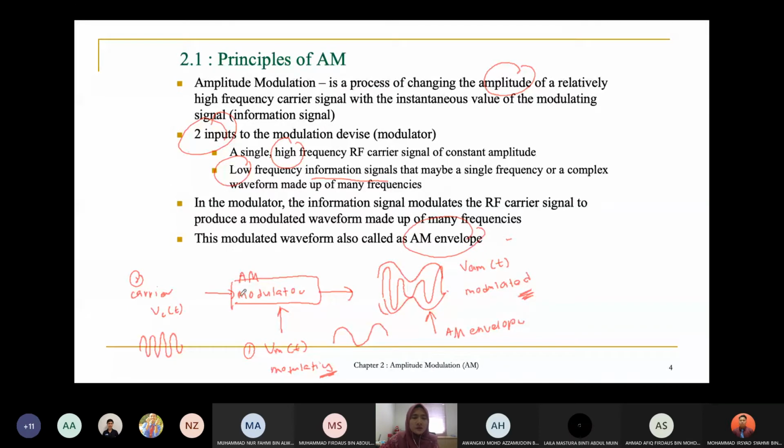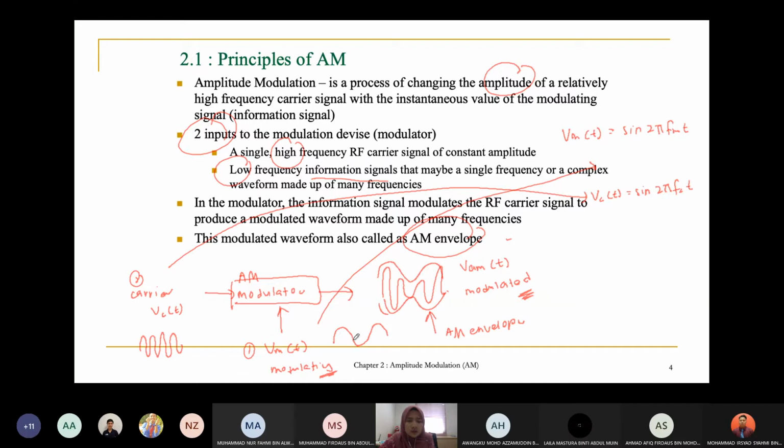Okay, so next, VM(t) is equal to sine 2 pi fm t. And the carrier signal VC(t) is equal to sine 2 pi fc t. So both of these are sine waves.